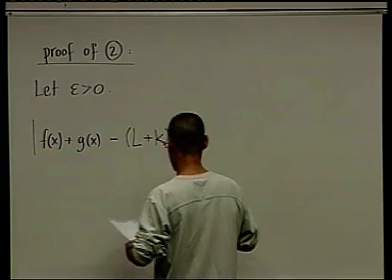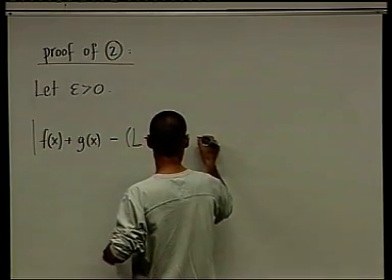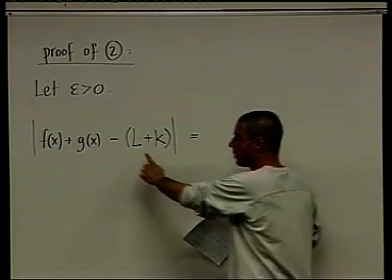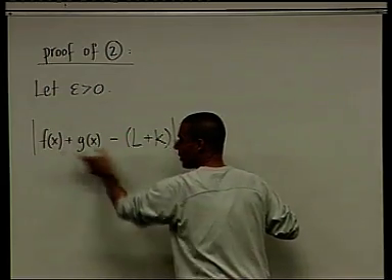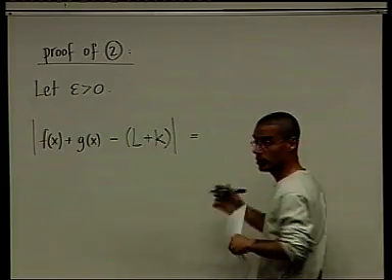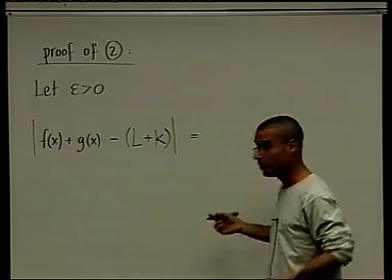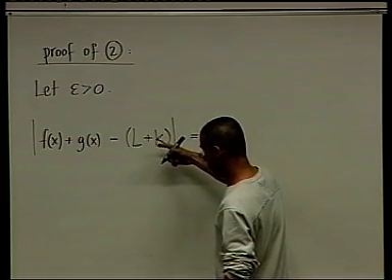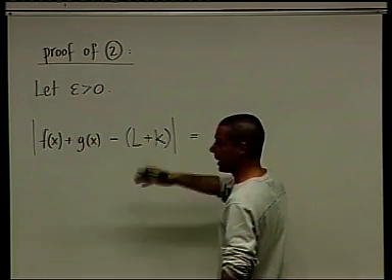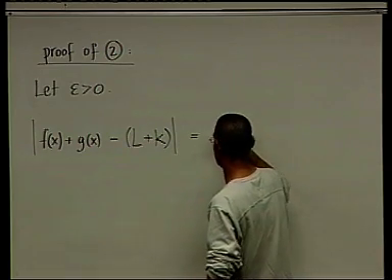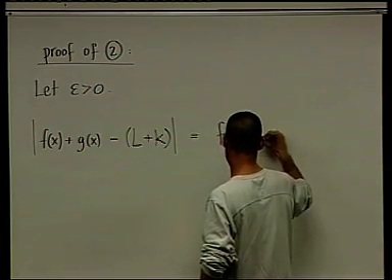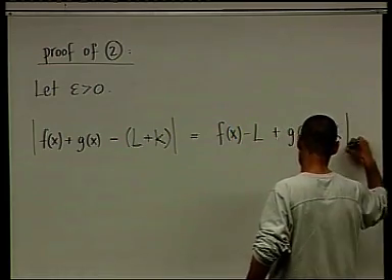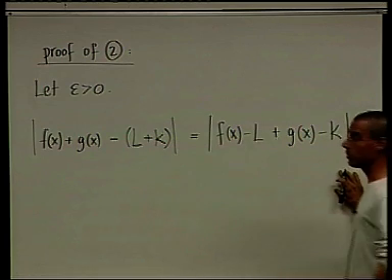Okay, so I'm going to rewrite it a bit, and I want to rewrite it so that f and L are close and g and k are close, because that's what I know something about. That's the data of this theorem, that f goes to L and g goes to k. So I'll rewrite it as f of x minus L plus g of x minus k. Does everybody agree to this step?